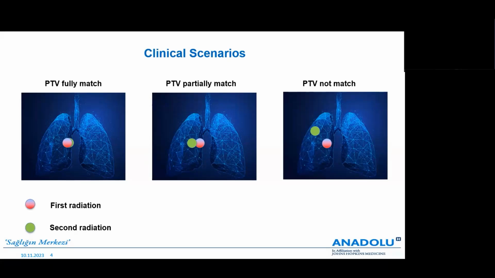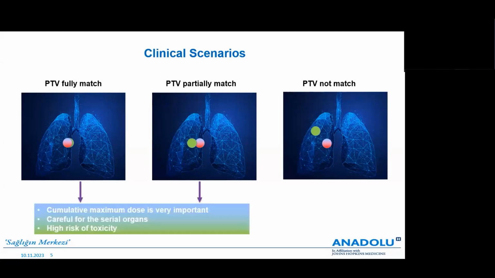These scenarios are very important. The reason is, let's move to the next slide, because if you have the first and second scenarios, which means that the PTV is completely or partially matched, your maximum dose is very important, because you need to be very careful with the serial organs. The doctors are always concerned about toxicities.